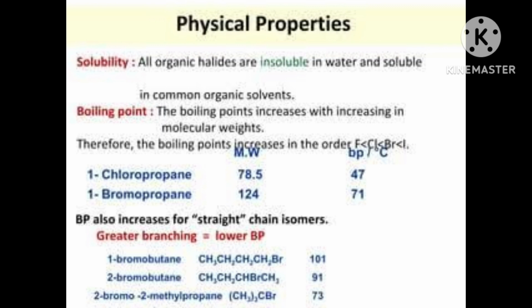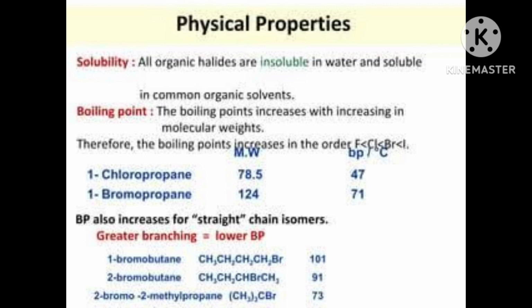Similarly, if ammonia is reacting with alkyl halide, it will give R-NH2. NH3 will provide NH2 and form R-NH2. This is the primary amine.